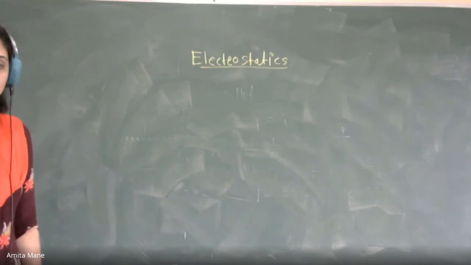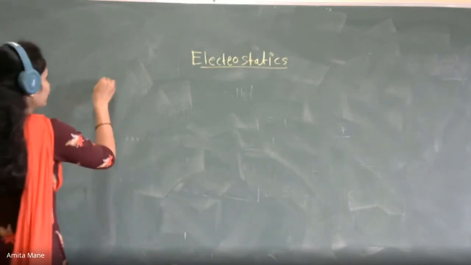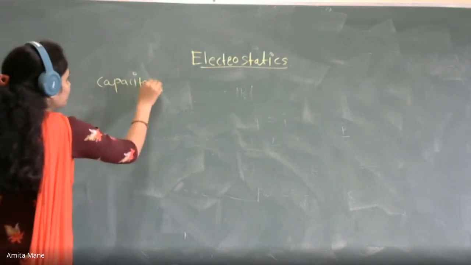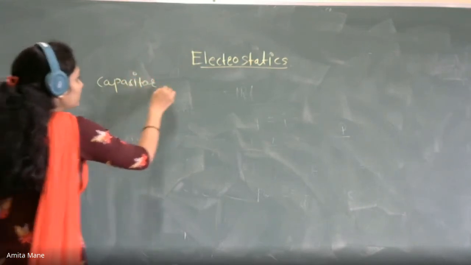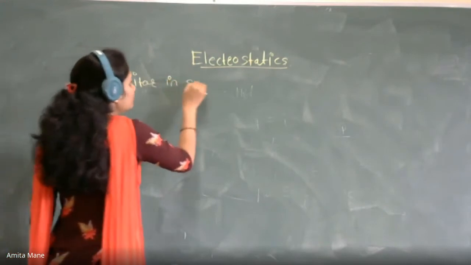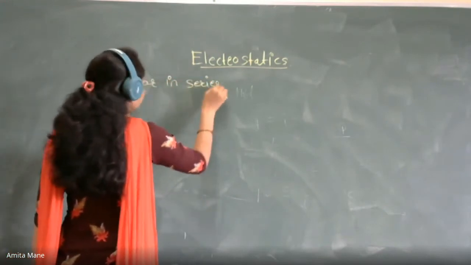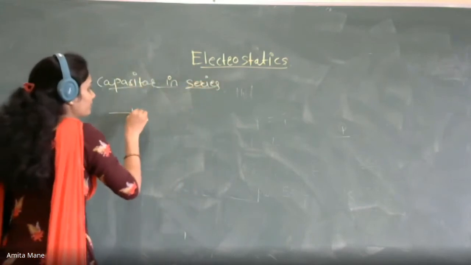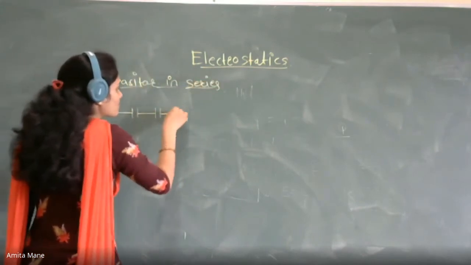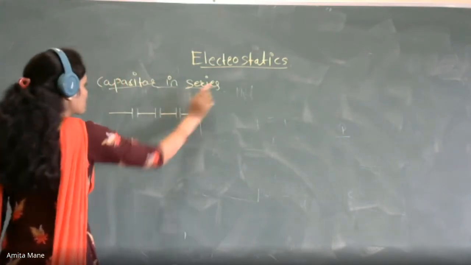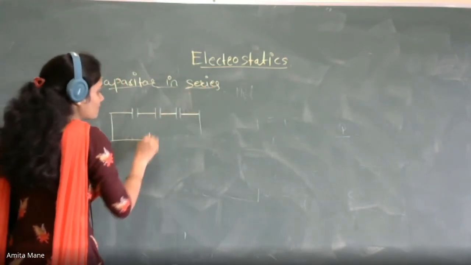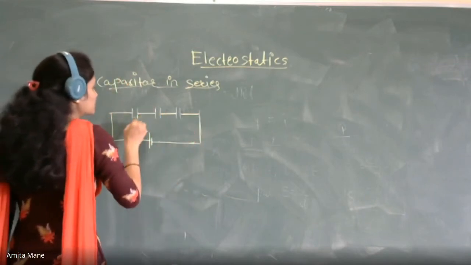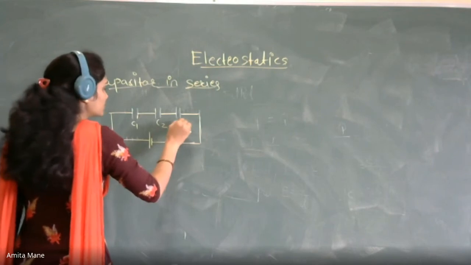And that completes the capacitance of parallel plate capacitor. Now next relation, a very simple relation: capacitors in series and capacitors in parallel. Take a series: C1, C2, C3.